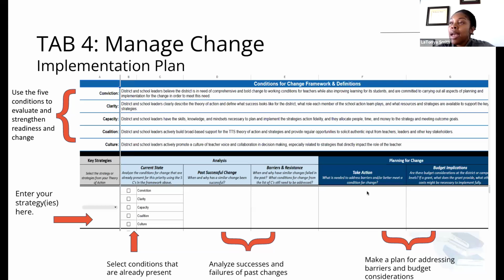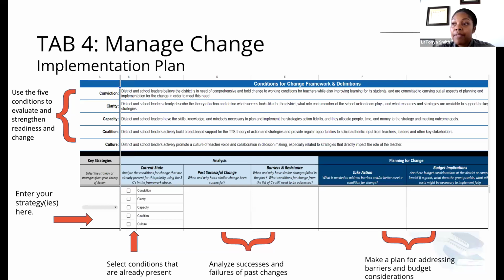At the top, you'll see what we call the 5 C's, the 5 conditions for change. You will use the 5 conditions to evaluate and strengthen readiness of the district. I'm going to read these through, and you can pause me if you have any questions. The first C is conviction: do leaders and staff believe the strategy is worth doing?